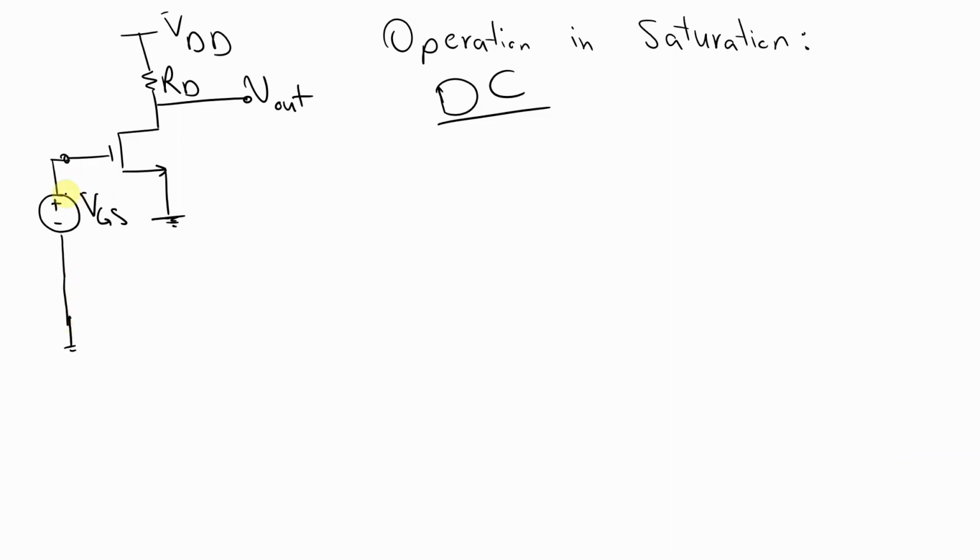This is the DC bias, and I consider that the first condition here is that the DC voltage VGS of M1, which I'm calling VGS1, has to be greater than the threshold of this transistor. This is the condition for this transistor M1 to be on. And how about the saturation?